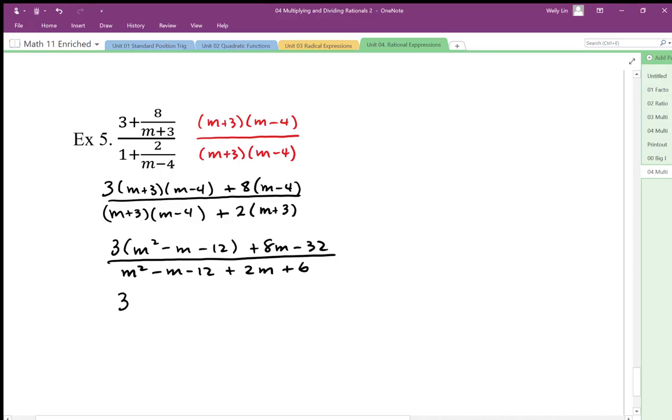So I end up with 3m squared, minus 3m plus 8m is plus 5m, minus 36 minus 32 is minus 68. Okay. In the denominator, I have m squared plus 1m minus 6.